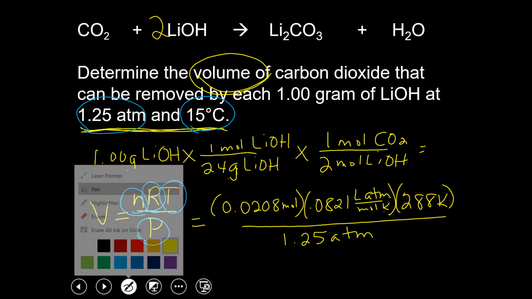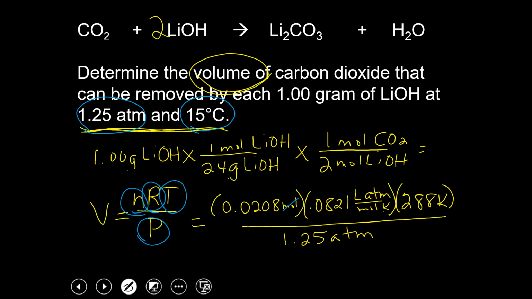And you can see that the moles divide out, the atmospheres divide out, the Kelvin divides out, and you're left with an answer in liters. So you plug it all into your calculator, and you get 0.393 liters.